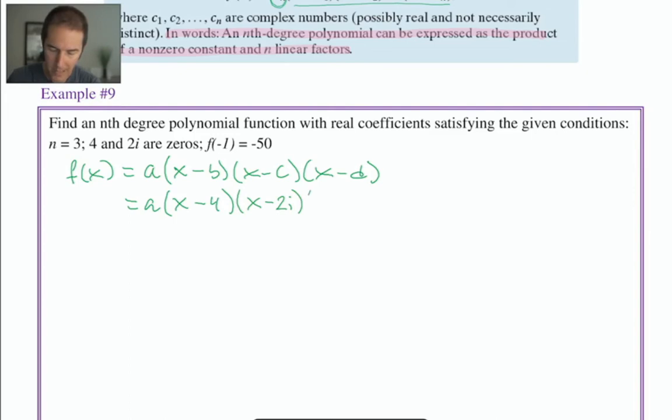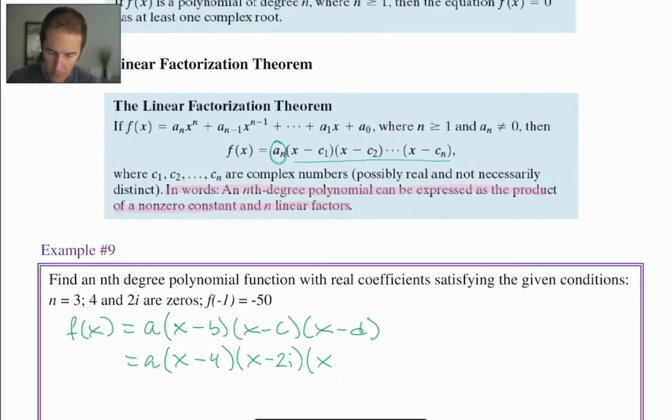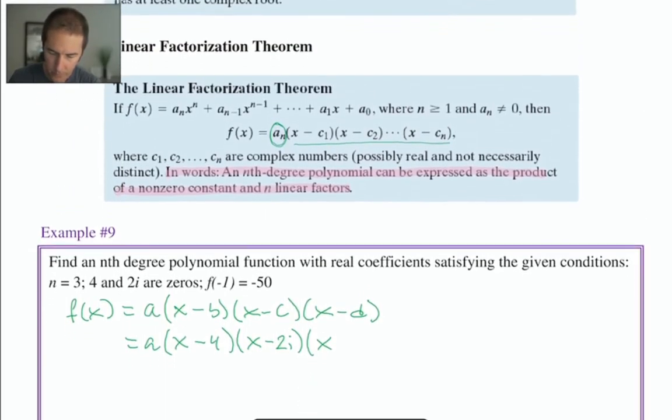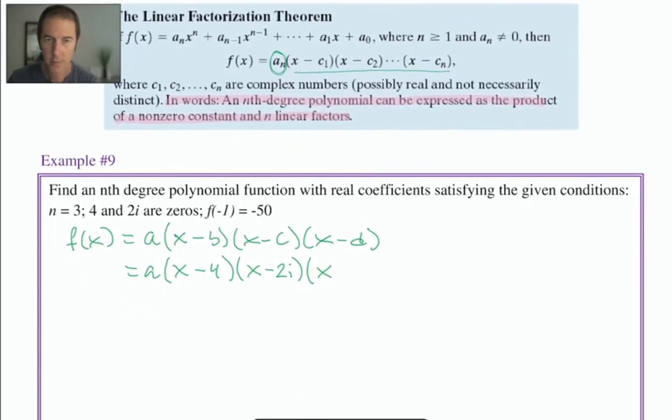And what about this last one? Remember that we talked about complex conjugates a moment ago. If a plus bi is a 0, then a minus bi will also be a 0.